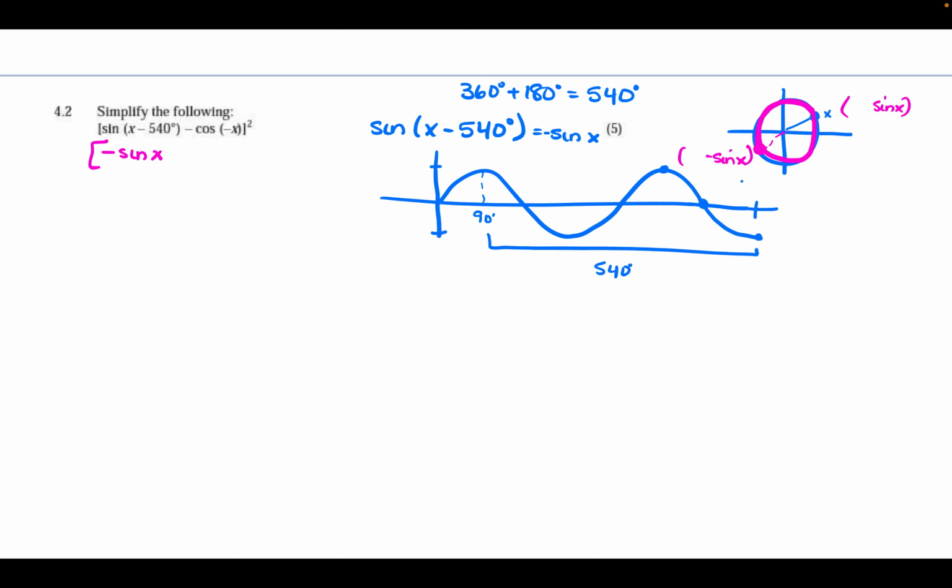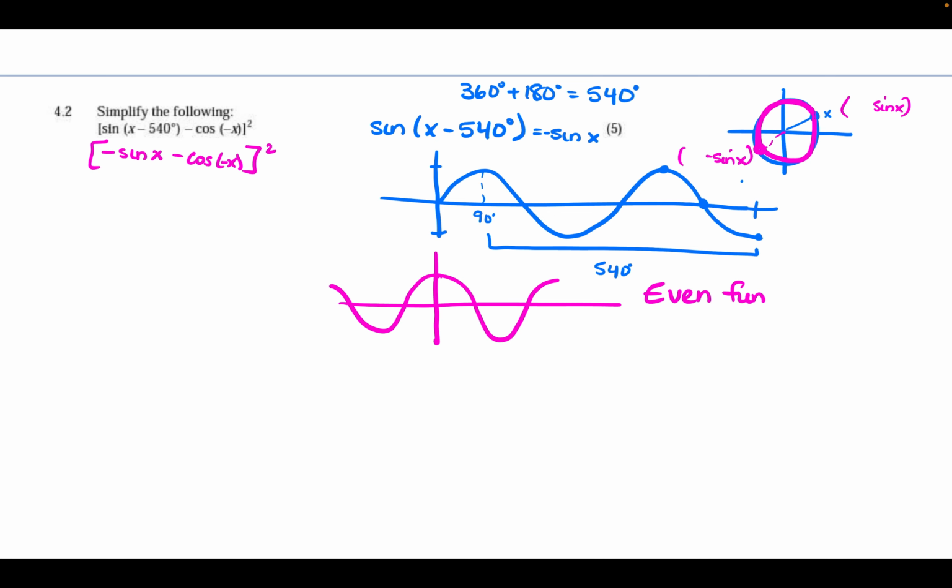And then we have this next part, cosine of the opposite of x. We're going to square all of that. Well, the cosine of the opposite of x has to do also with the cosine graph. We could consider, because this is an even function, that means it's symmetric to the y-axis.